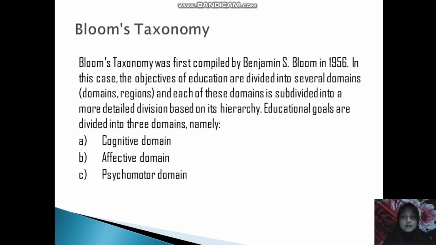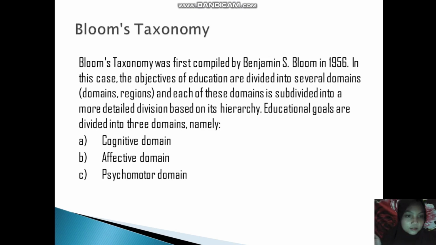Educational goals are divided into 3 domains, namely first, cognitive domain, second, affective domain, and third, psychomotor domain.